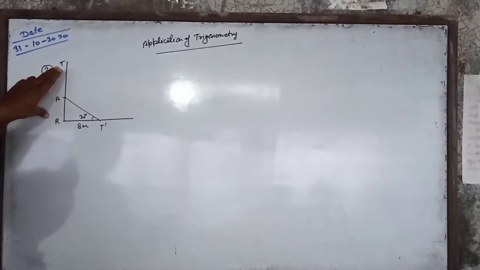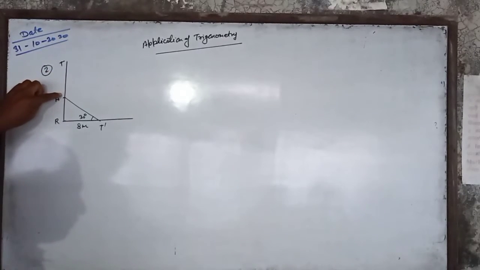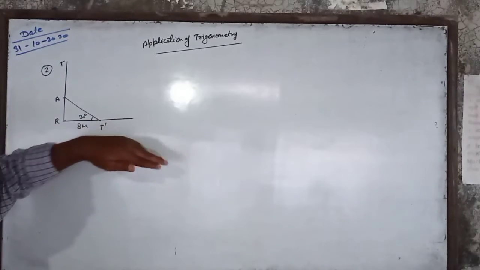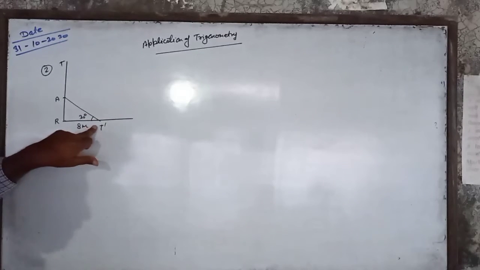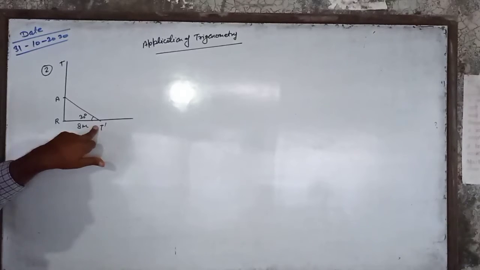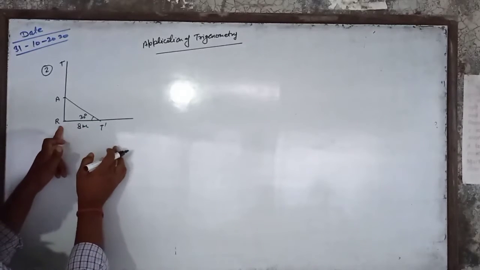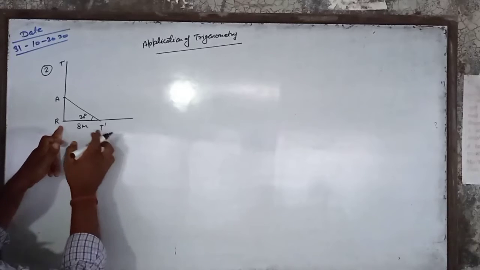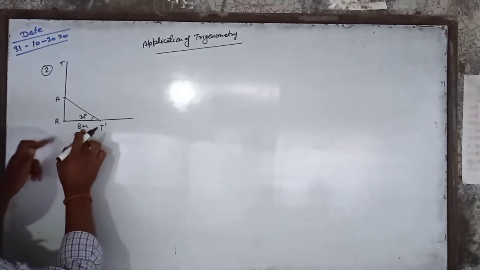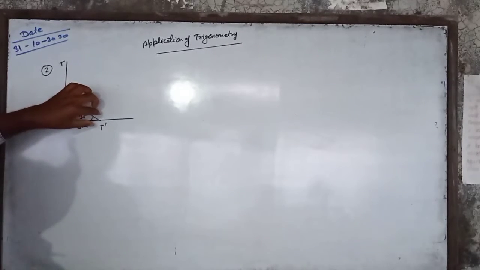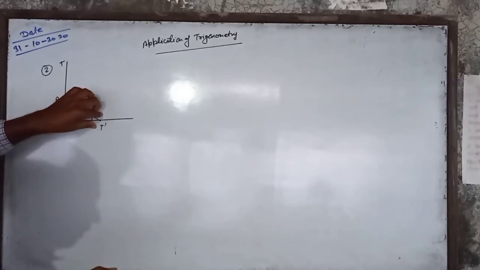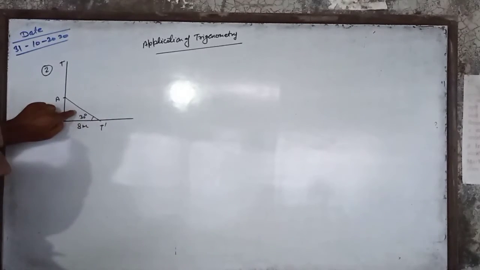Due to a storm, it breaks from a point A and bows down on the ground and touches at a point T dash. The distance between the root of the tree and the point where it touches is 8 meter, and the angle between the top of the tree which touches the ground and the ground is 30 degree.